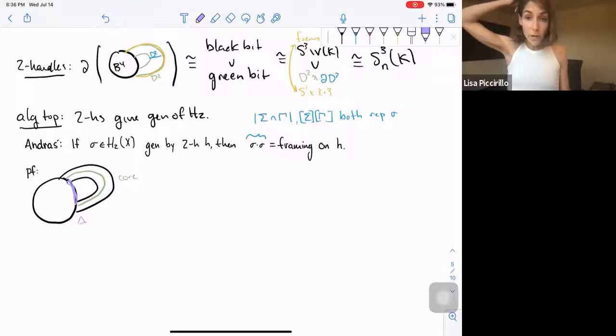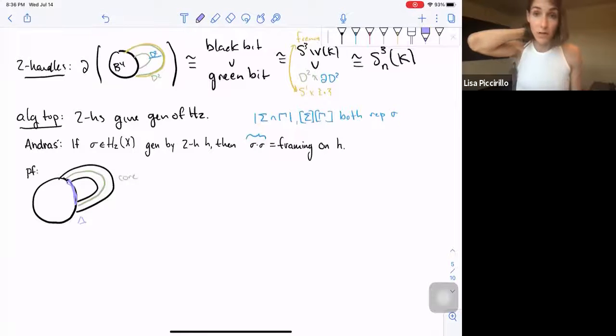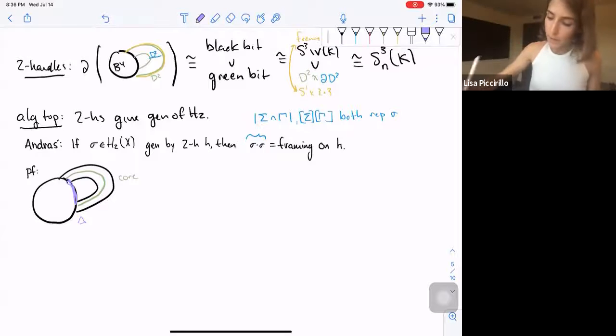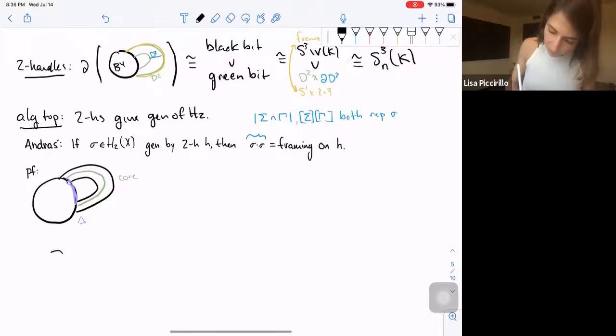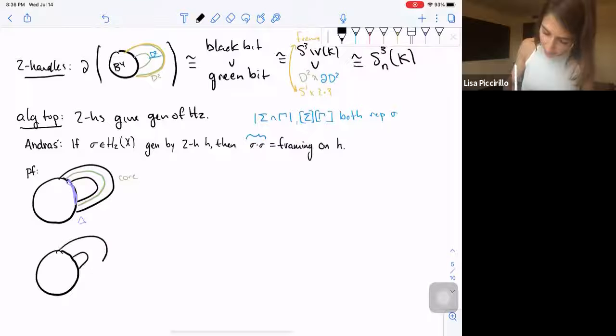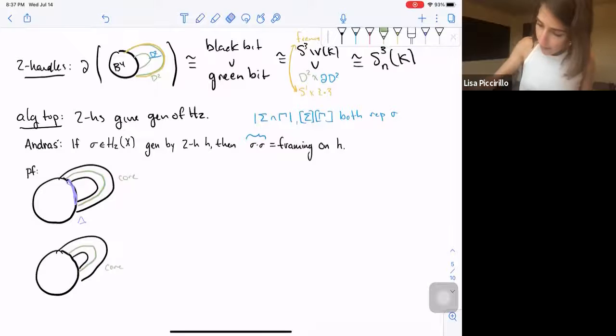Okay, so delta is not properly embedded in this four-ball union two-handle. That's fine. We just need a cycle to get a generator of homology. But it'll turn out to be convenient to push delta in and get something embedded. So let's clean this up a little bit. We'll take the core again, and then we'll take just some trivial push-in of that Seifert surface delta.